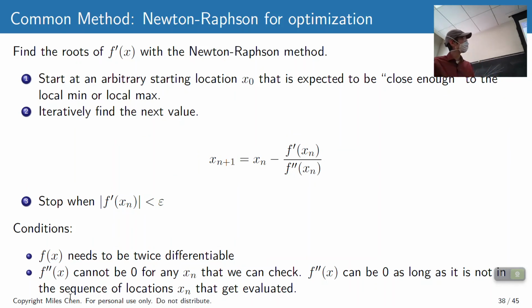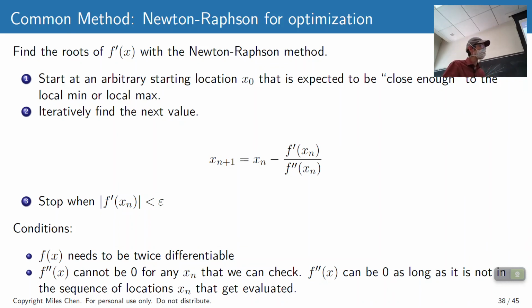Or, you know, if you wanted to just do it for Newton-Raphson, okay? And let's say you are able to find the derivative analytically, and you're able to find the second derivative analytically, okay? The Newton-Raphson method is super great. All you have to do is, for your next iteration, rather than doing f divided by f prime, your next iteration will be f prime divided by f double prime, okay?